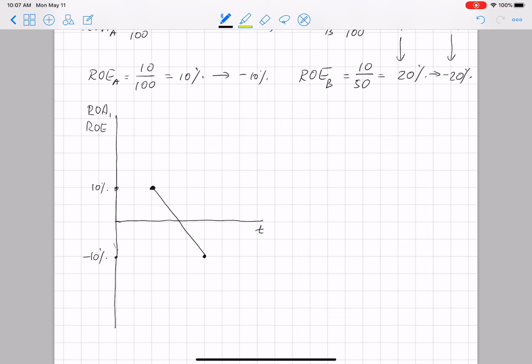You don't have to connect them like this. You could just draw some bars. So you could do it this way maybe. However, if you look at firm B, the picture is very different.